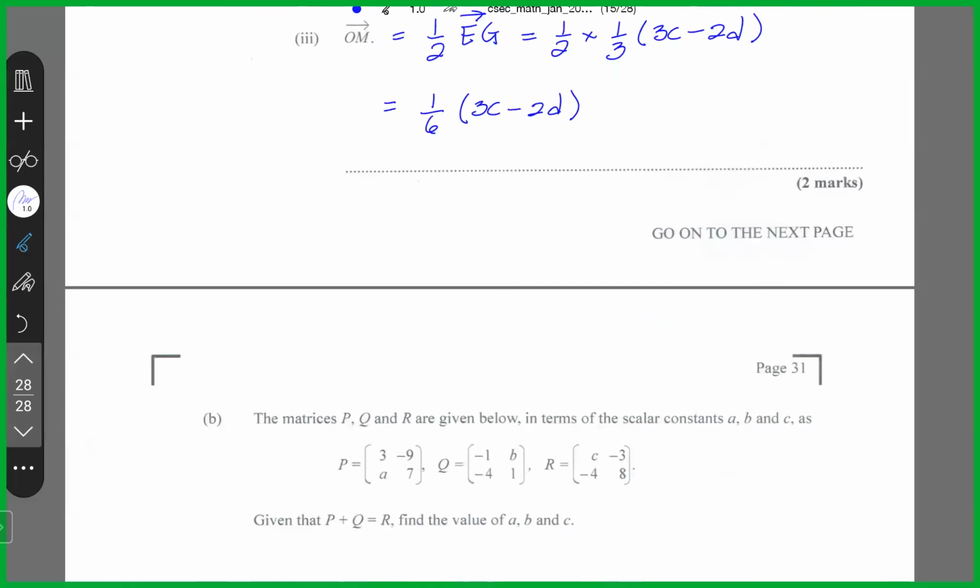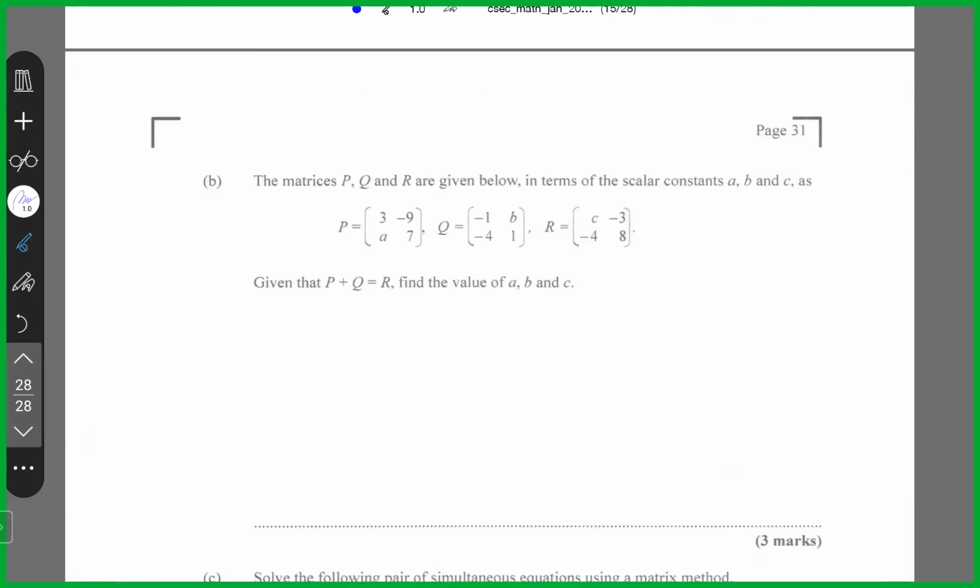All right, so let's finish up. So B, matrices.